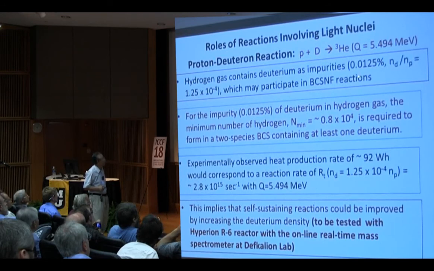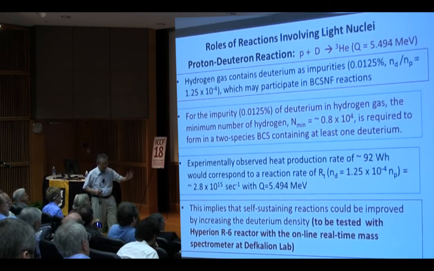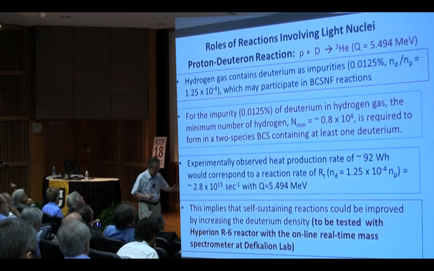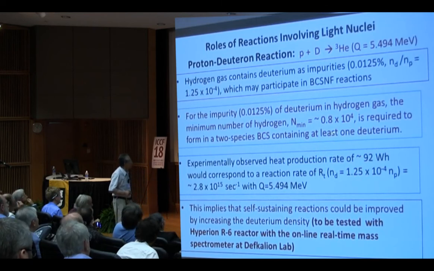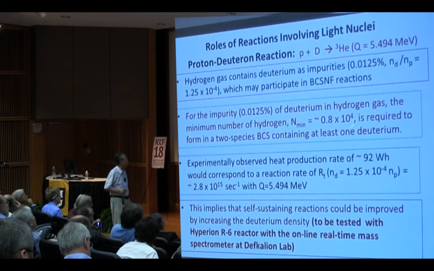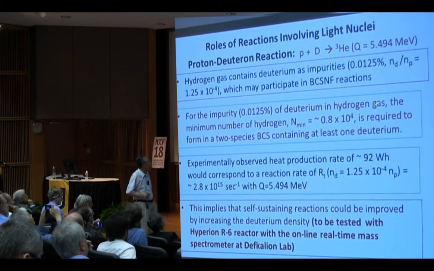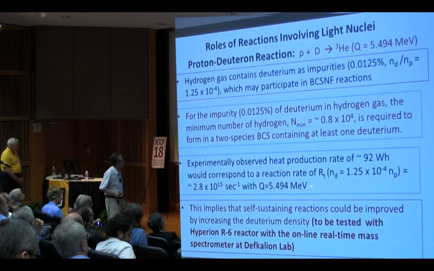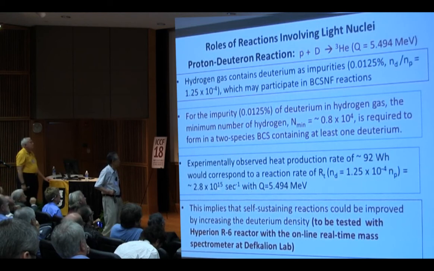You have one boson sitting in the center, surrounded by the paired hydrogen, so you can have a two-boson system doing the boson cluster fusion. And of course, knowing the Q-value, you can guess what the reaction would be.